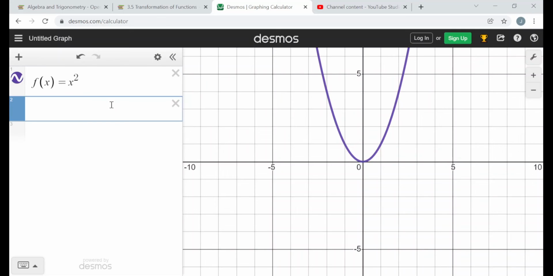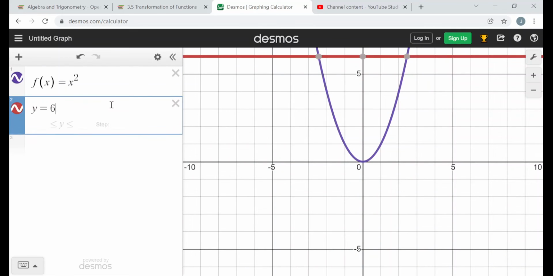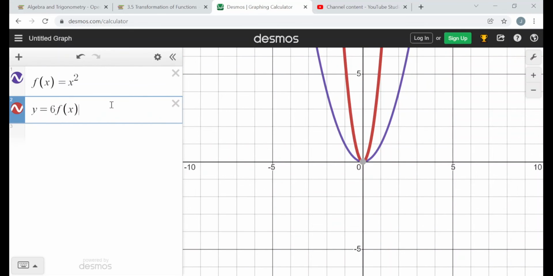And then just do y equals 6 times f of x. And look what happened. So the original function is the purple one, and the red one's the new function, 6 times f of x, 6x squared. And you see you got the point 1, 1.